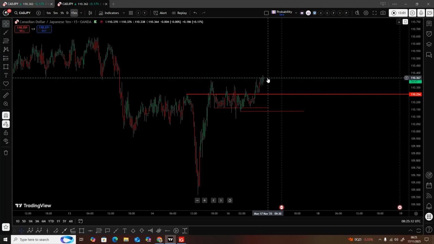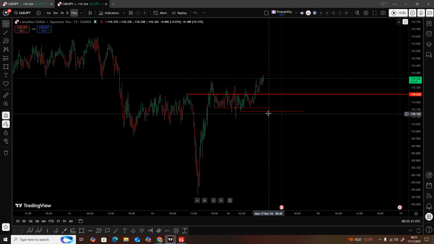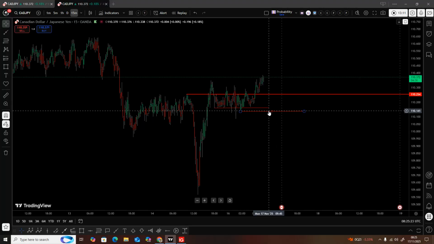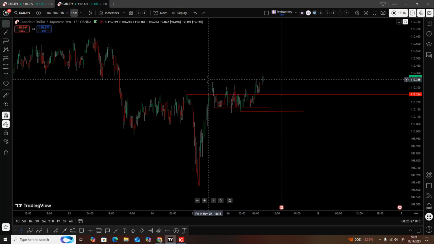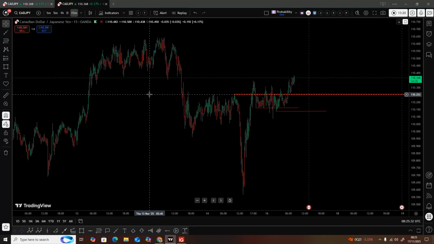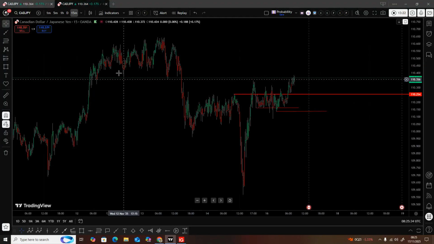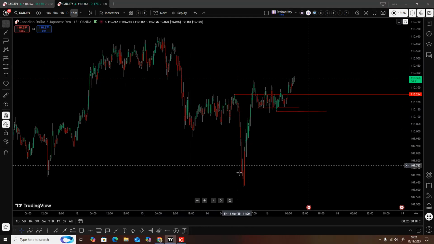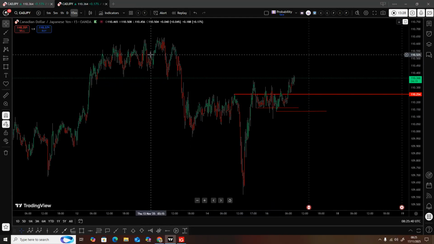So I need to see whether this is actually a weakness and the yen is strengthening, or the CAD is weakening, and price will have to come and break this low. That saves me from a lot of headache. In terms of buying, I'm not thinking about that right now because of all the accumulation that broke down. That is weakness.